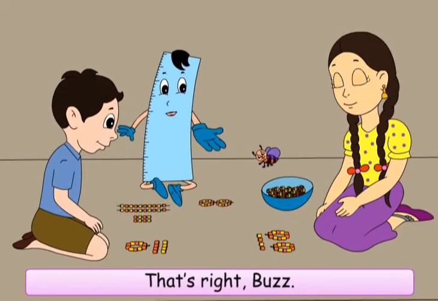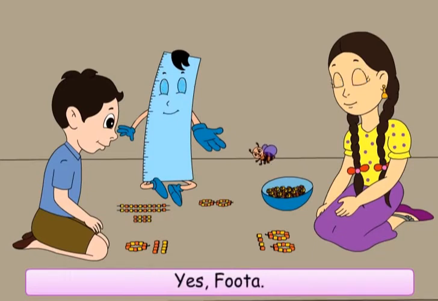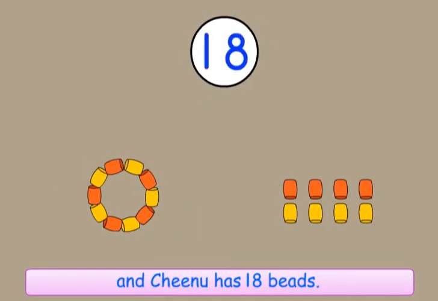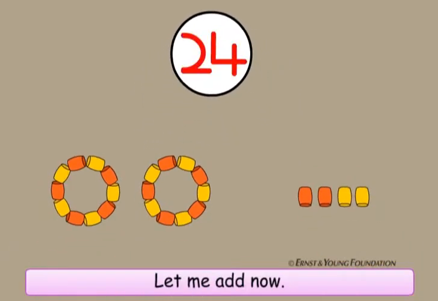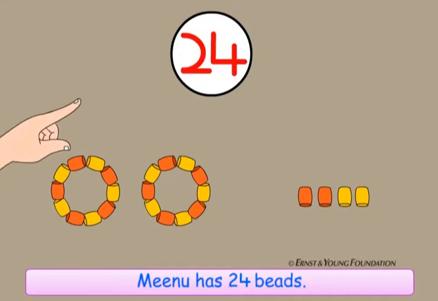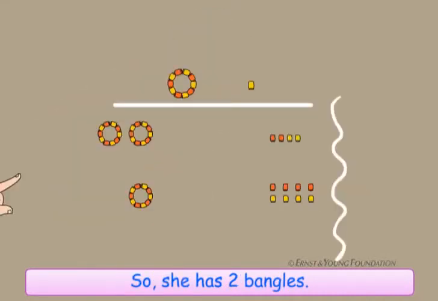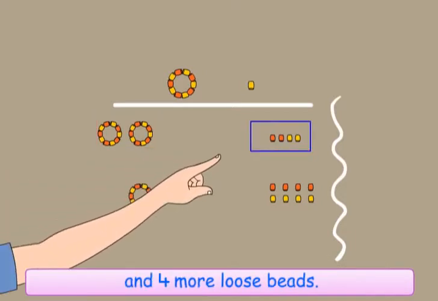That's right, Buzz. Now let us add Meenu and Chinu's beads. Yes, Futta. I have 24 beads and Chinu has 18 beads. Let me add now. Meenu has 24 beads. So she has 2 bangles and 4 more loose beads.